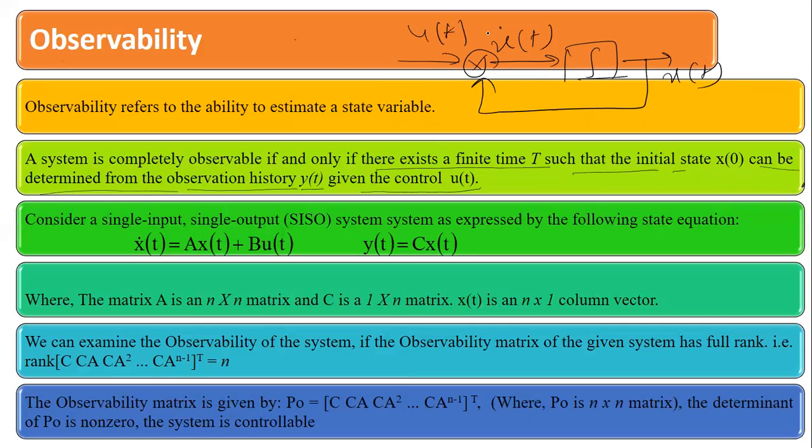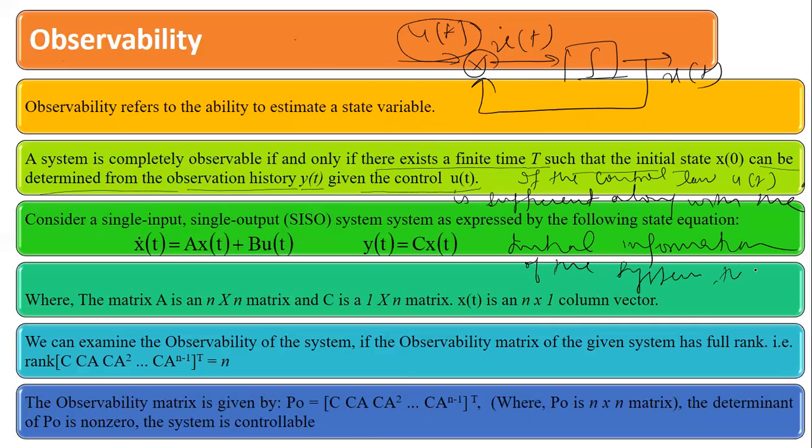Now if this control law ut is sufficient in observing, along with the initial conditions, along with the initial information of the system, then in finite time the system is said to be observable.